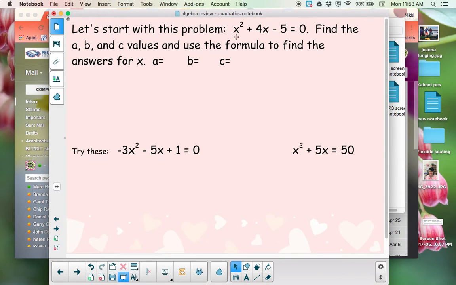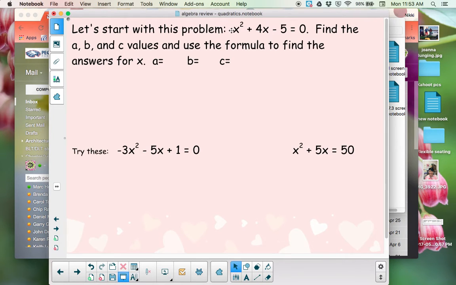So let's start with this one. We have x squared plus 4x minus 5 equals 0. We have an x squared, which makes it quadratic. We have it set equal to 0, which is the way we want it. So we can take out our a, b, and c values. The a value is the number that's next to the x squared. Well, you might say there is no number next to the x squared.